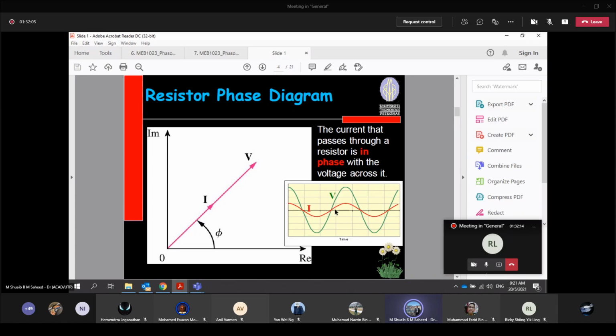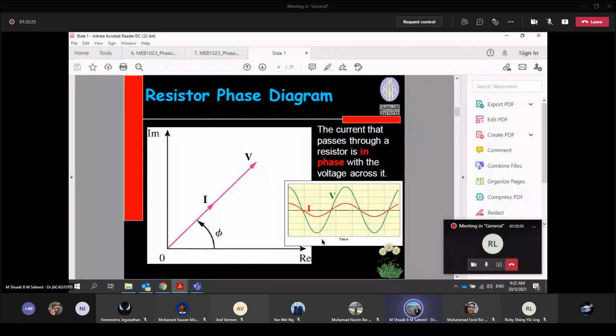You see here, when the voltage is going to the maximum, the current is also going to the maximum. When the current moves to minimum, the 0, voltage also does the same thing. So for a resistor, the voltage and the current, they are in phase.